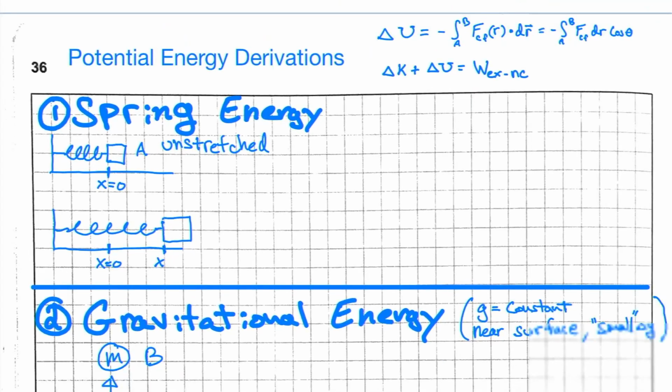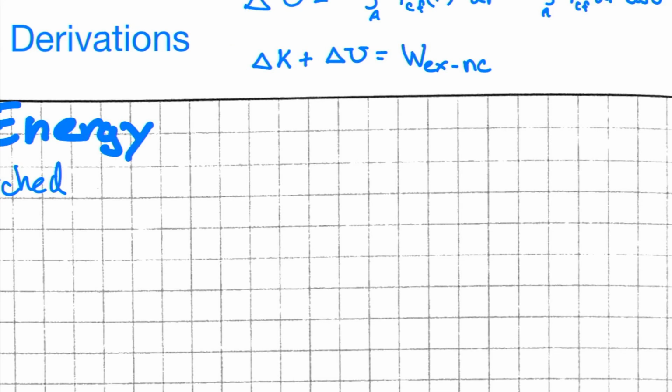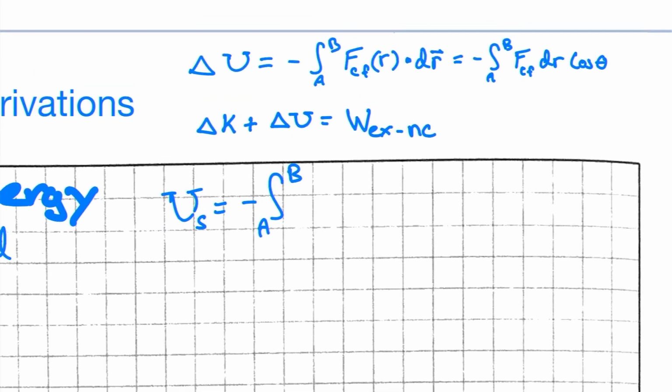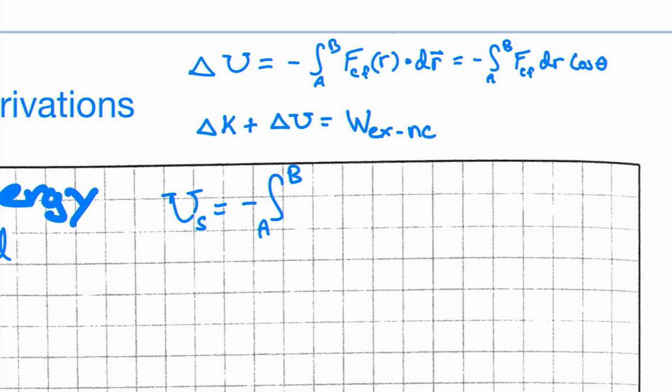We're going to start with the top formula, where U of the spring is the negative integral from A to B. We'll simplify the dot product: the force of the spring times dr times cosine theta.